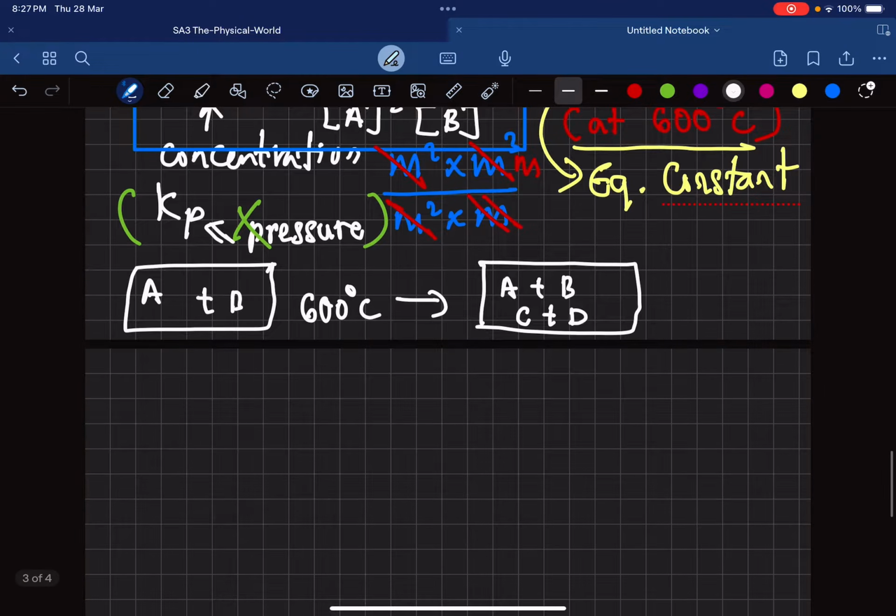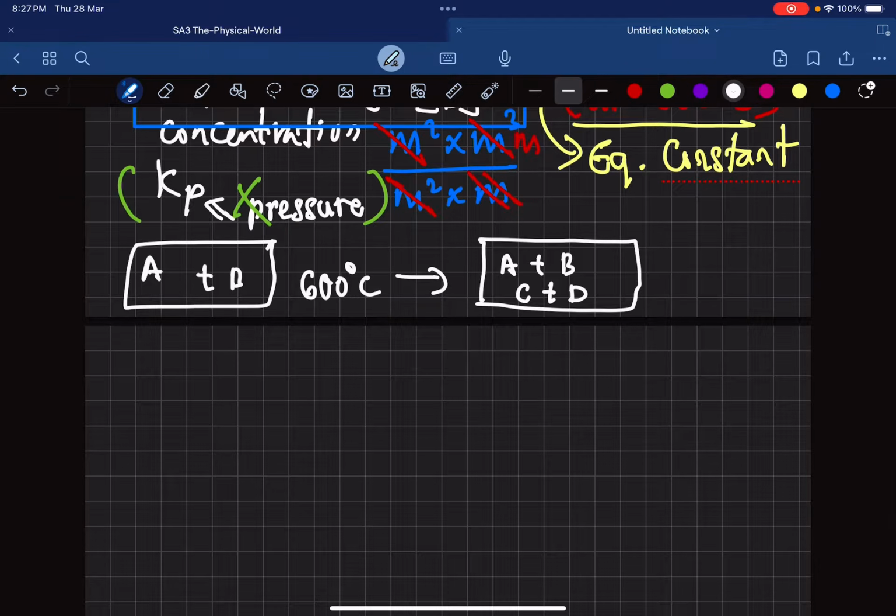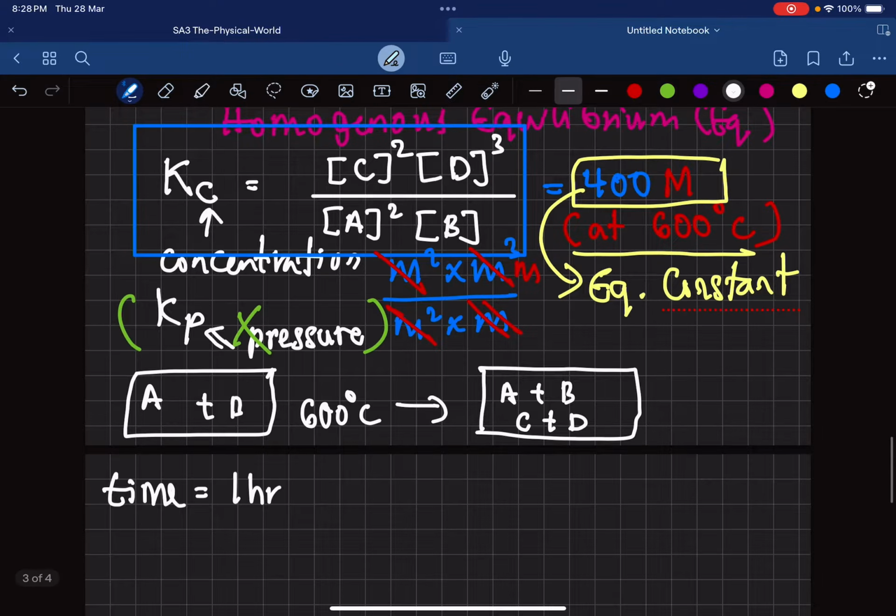So what you do is at that moment, you take some A out, measure the concentration, take some B out, measure the concentration, take some C and D and measure their concentrations. So you take the concentrations, let's say time is 1 hour. After 1 hour, you take all of the concentrations and then you use the same formula.